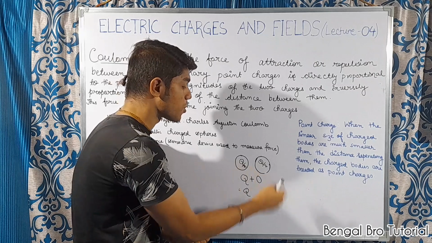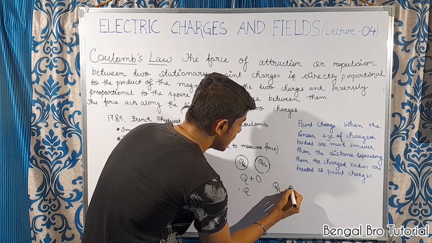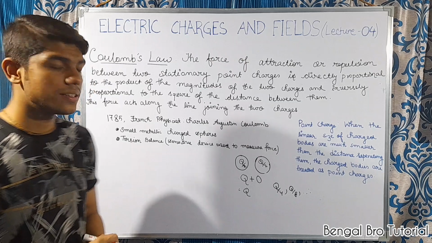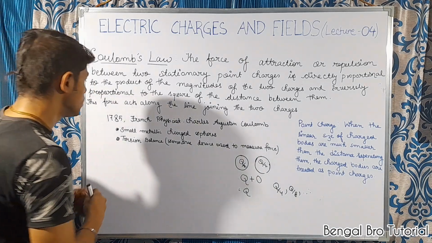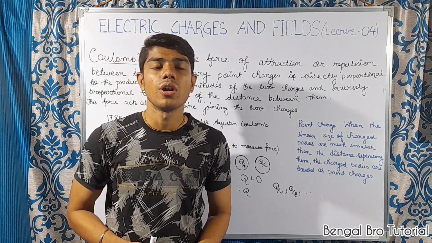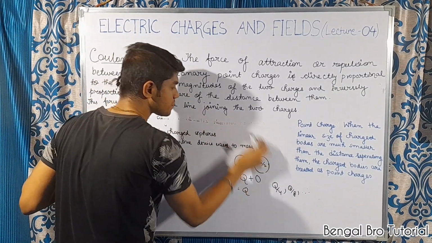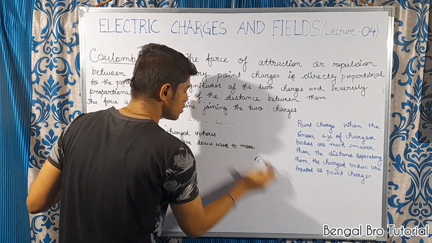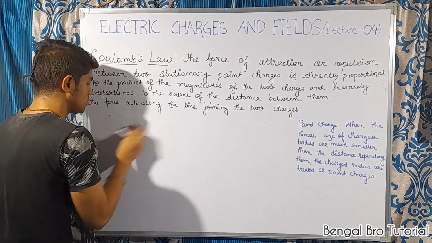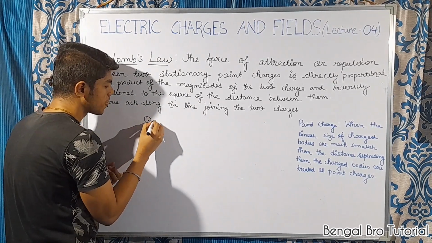He kept repeating this process to get charges equal to Q by 4, Q by 8 and so on. Now, after that, he took different pairs of charges and measured the force between them for different distances of separation, which means that he took a pair of charges somewhat like this.